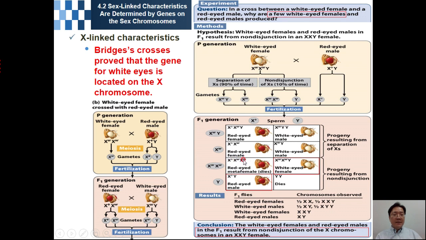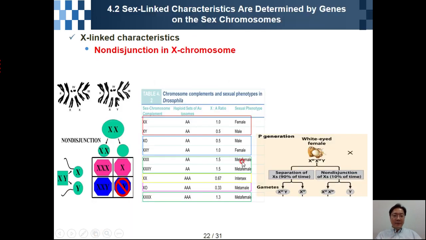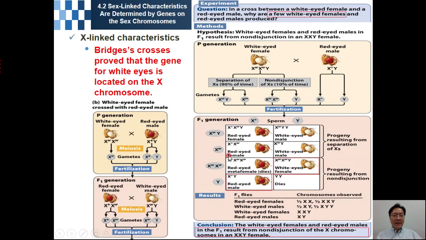In these cases, what is the phenotype? Because they have the plus, their eyes will be red, and this is XXX. XXX is a metafemale. We call it a super female, but they usually die. How about this one?